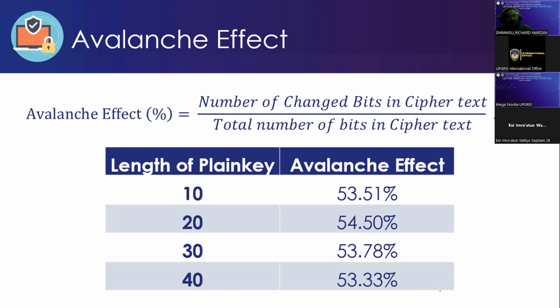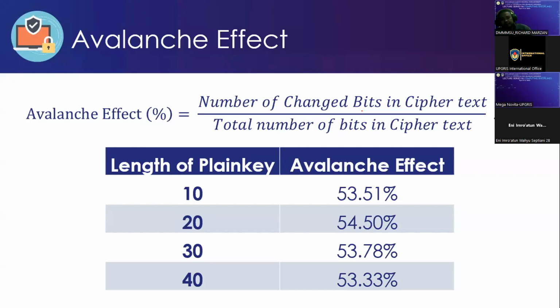Based from the avalanche effect, if it is up to 50%, it means the ciphertext is secured. The computation is the number of changed bits in the ciphertext over the total number of bits in the ciphertext, so it must be higher than 50%. Times 100. Before that, you first have to convert it into binary because this is in bits.